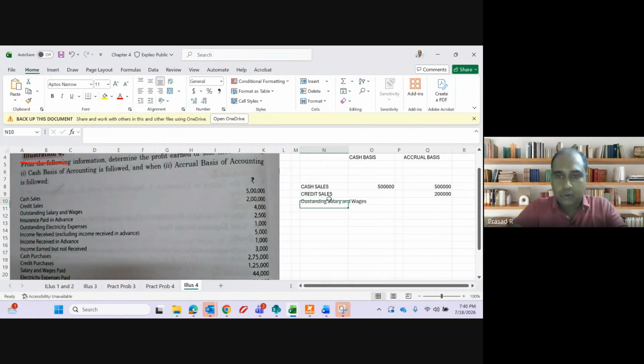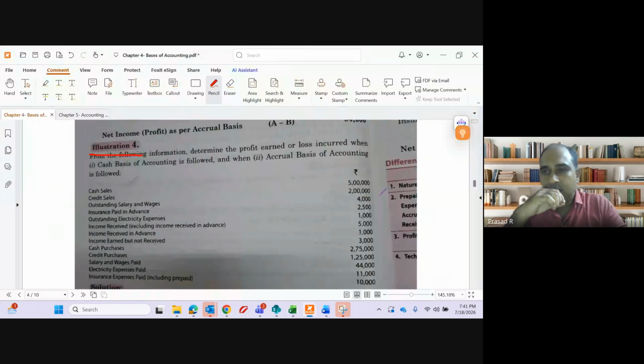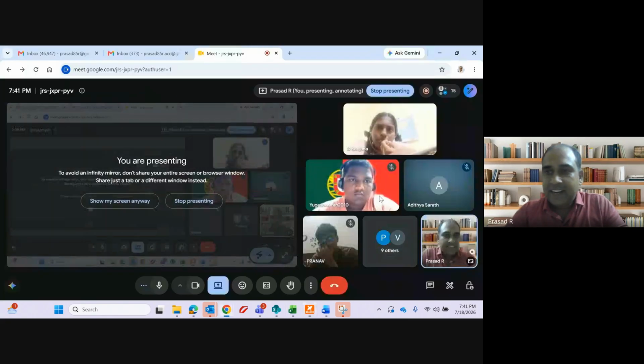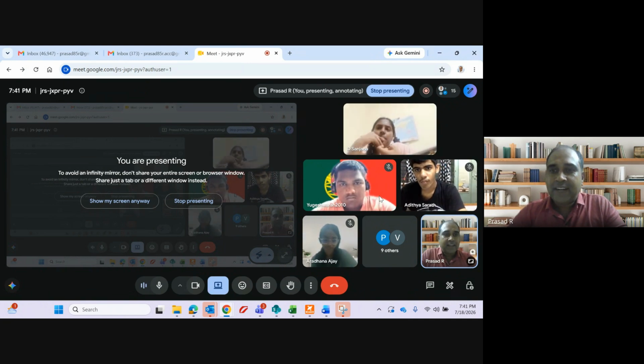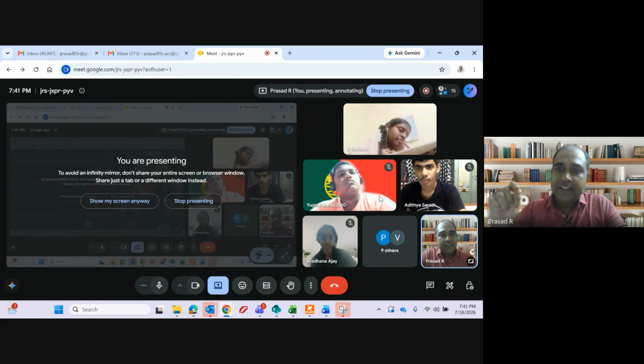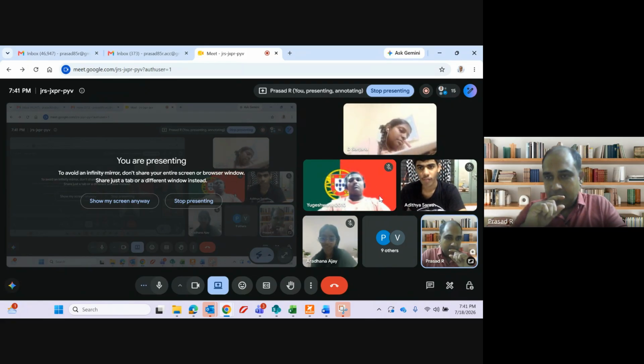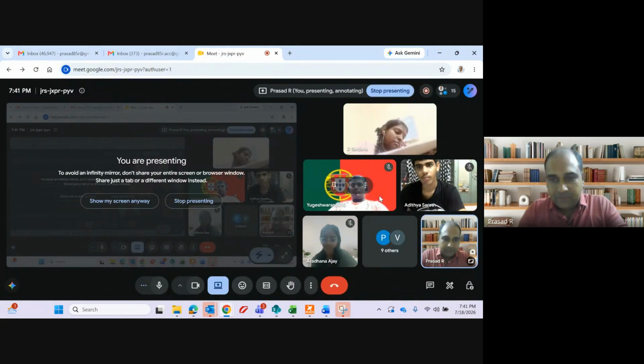See, in case of outstanding salary and wages, it gets added to original salary in case of accrual system. In case of cash basis, since it is not paid, it will not come under cash basis, right?